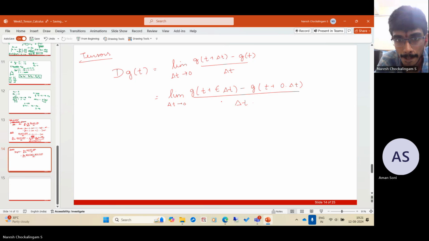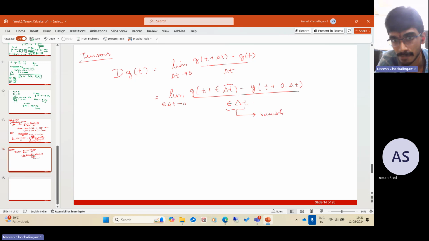So basically, delta t tends to 0, which means you can put this epsilon on here also. If delta t tends to 0, you can also say epsilon delta t tends to 0. But if you look at this, we expect this quantity to vanish, right? So this has to vanish.